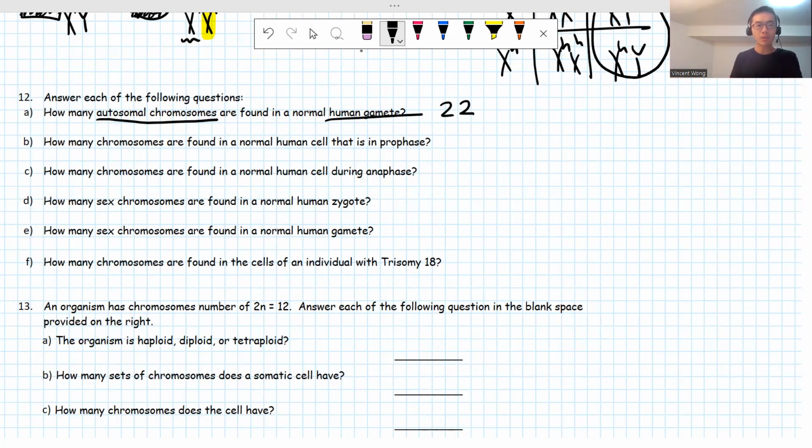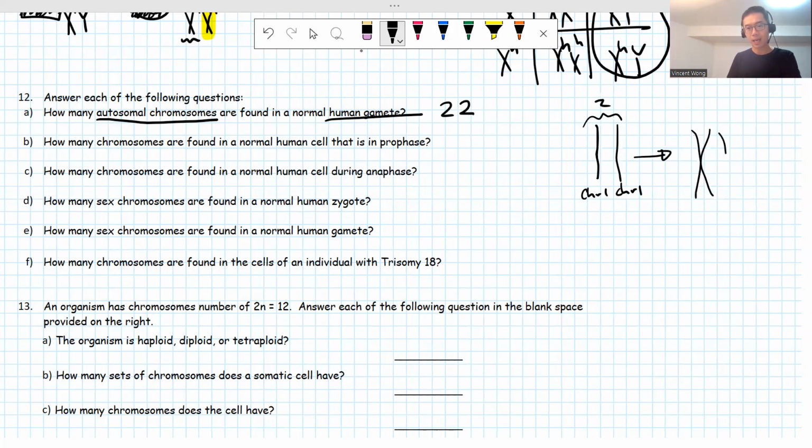How many chromosomes are found in a normal human cell that is in prophase? So look, this is chromosome 1, and then chromosome 1, and this is considered 2.